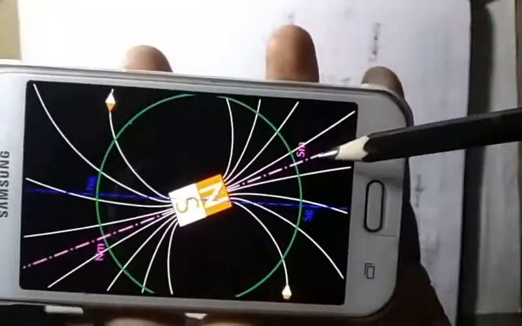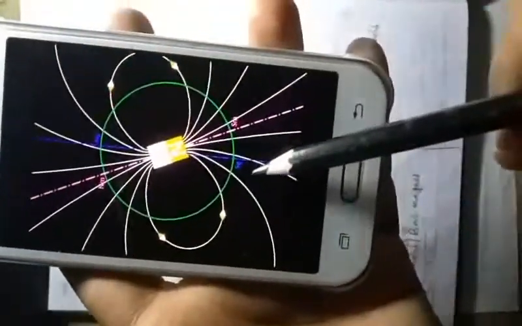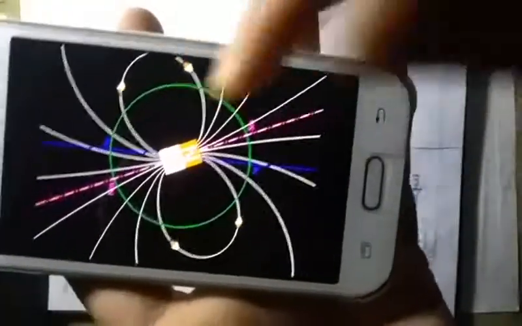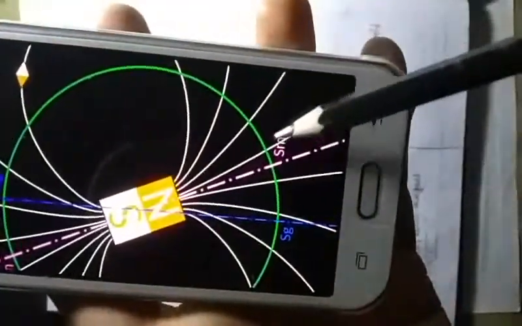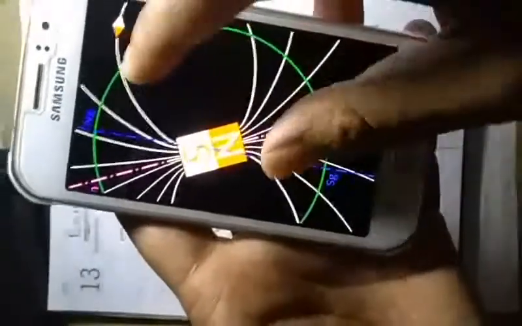That south pole is directed towards the south geographical pole. So that is the magnetic south. That's why actually it is from north to south.